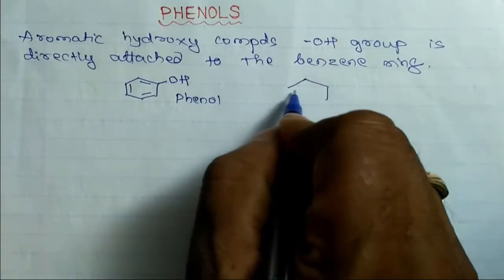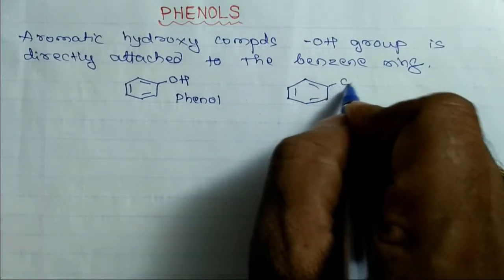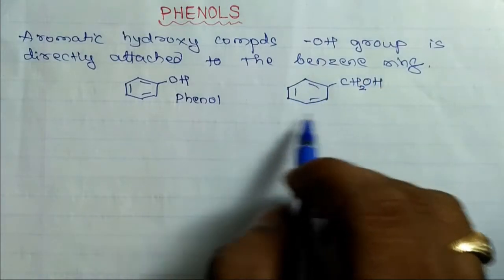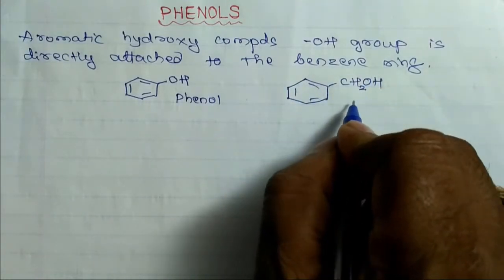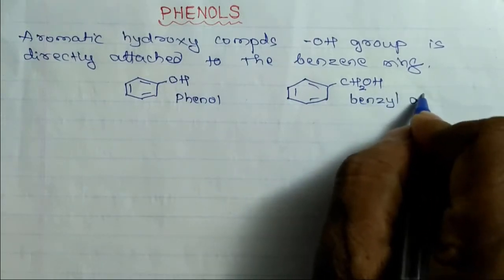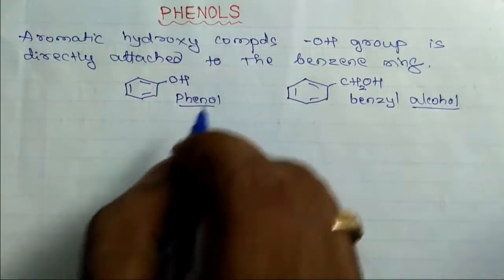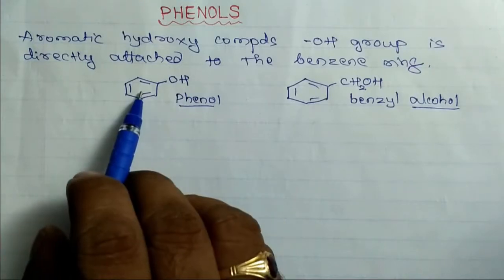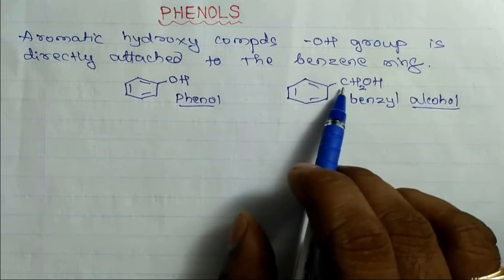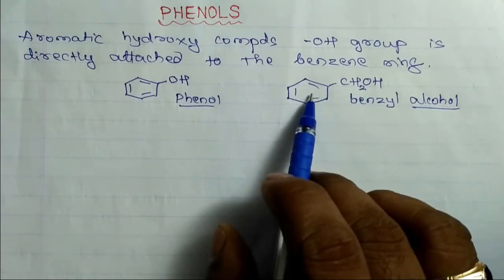If the OH group is not directly attached to the benzene ring, but to a carbon atom which is not part of the benzene ring, it is called an alcohol. This is benzyl alcohol. This is the difference between alcohol and phenol. In phenol, the OH group is directly attached to the benzene ring. In alcohol, the OH group is attached to an aliphatic carbon atom, which is not a member of the benzene ring.